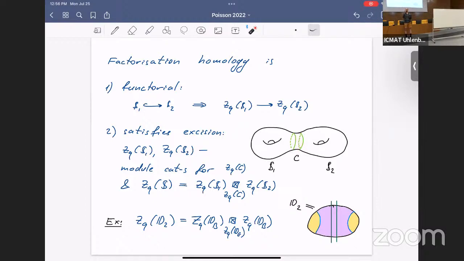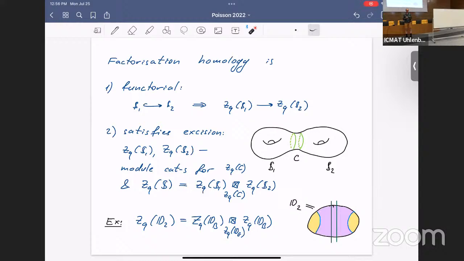So you can have a functor from ZQC tensor ZQS1 to ZQS1, and same for S2. Also, by just stacking cylinders, you see that you should assign a monoidal category to this thing. And finally, the excision property is just saying that ZQS is a kind of tensor product of ZQS1 and ZQS2 over ZQC.